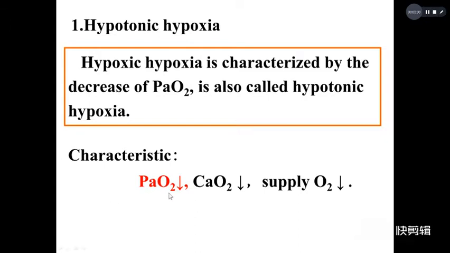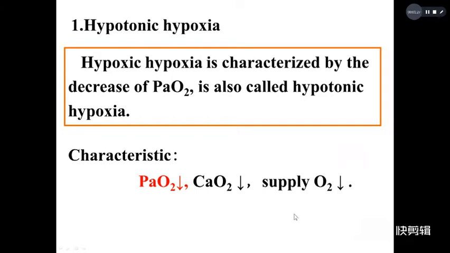If partial pressure of oxygen in artery is less than 60, it leads to saturation of oxygen decrease, oxygen content decrease, hemoglobin combined oxygen decrease, so supply of oxygen decreases and hypotonic hypoxia happens.